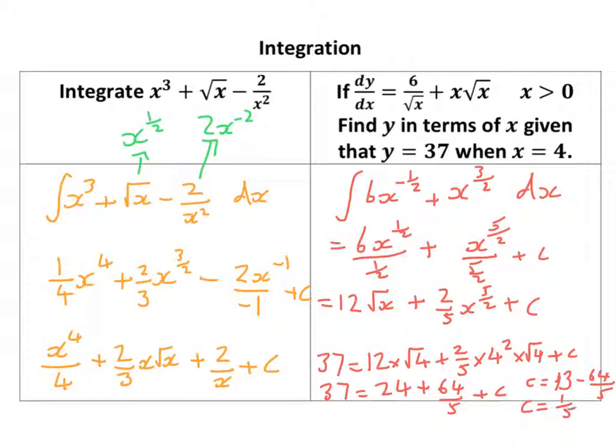I'm going to have to write it up here, so I should end up with y equals, and I know that's 1/5 because 64 divided by 5, I know 65 divided by 5 is 13, so 64 divided by 5 is going to leave 1/5, and it's 12 and 4/5. So y therefore is 12 root x plus 2/5 of x squared root x plus 1/5.